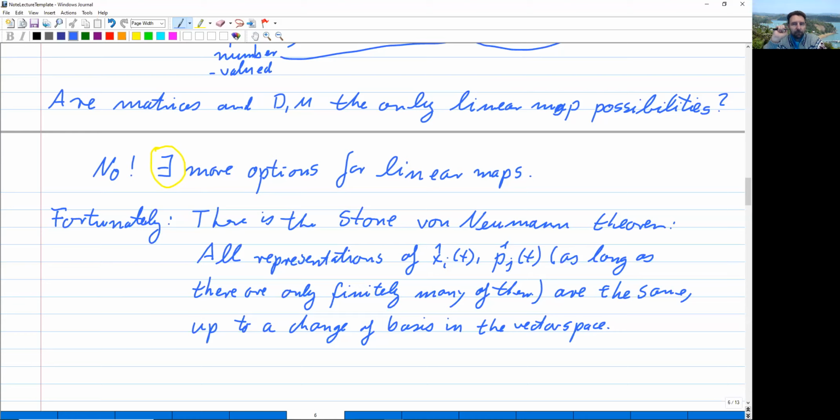But let me give you an example. Let me remind you of an example where you've seen this thing happen before. Consider Fourier series. You have continuous functions on an interval. Therefore, you have a function space.